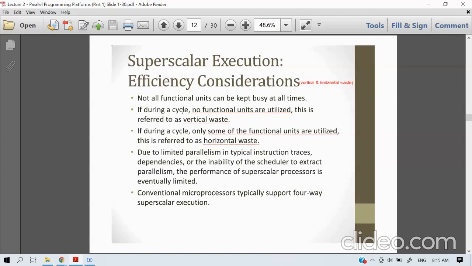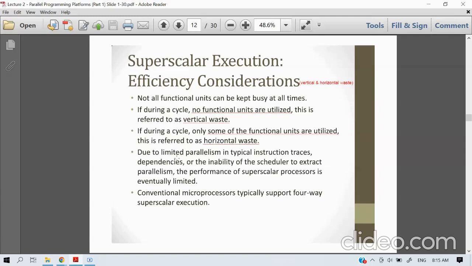If during a cycle no functional units are utilized, it is called vertical waste. If during a cycle only some of the functional units are utilized, it is called horizontal waste.